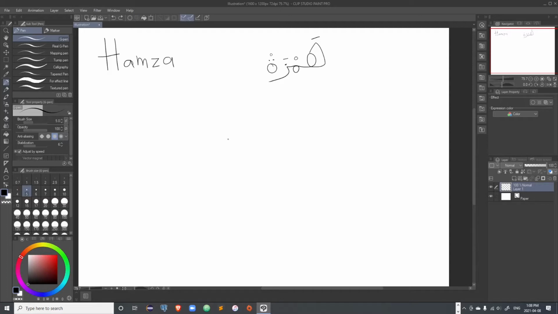Now, for the hamzas, we have three main types. We covered the first one in the first lesson, which differentiates between an alif vowel or alif med or an alif that is a consonant, and that is this shape here.